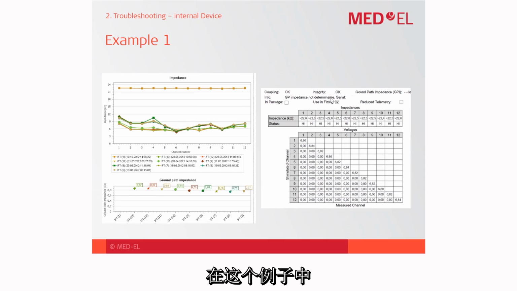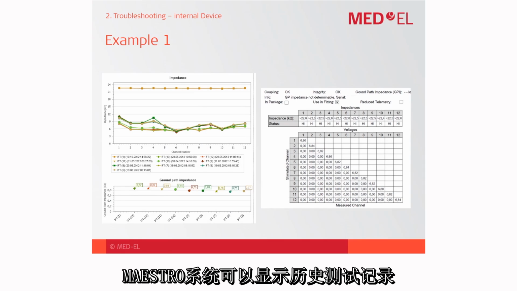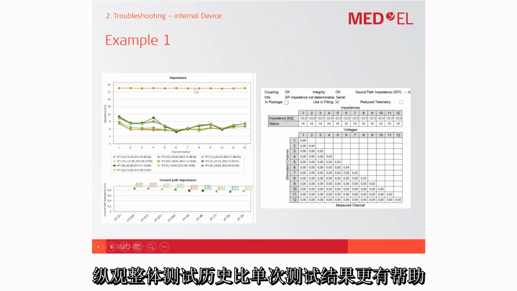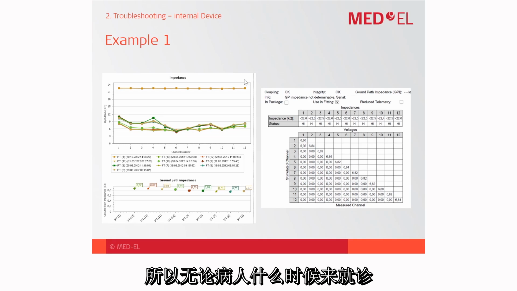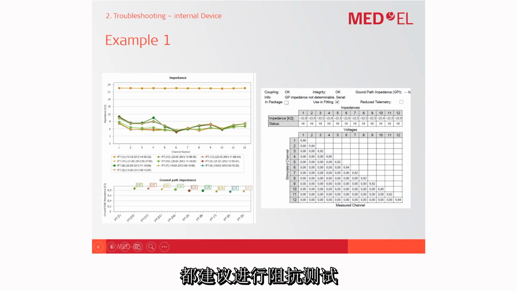Okay, so here you see another example in the history report, which is incorporated in the Maestro system software. And again, it's always helpful if you don't look at the single measurement but can observe the whole history. So whenever the patient came to the hospital, to the clinical center for a follow-up session, then an impedance measurement was carried out.